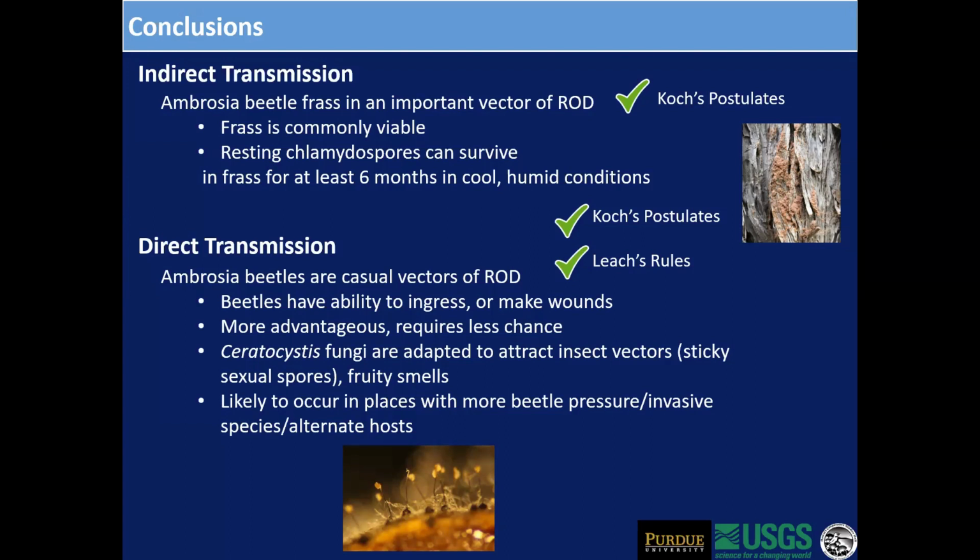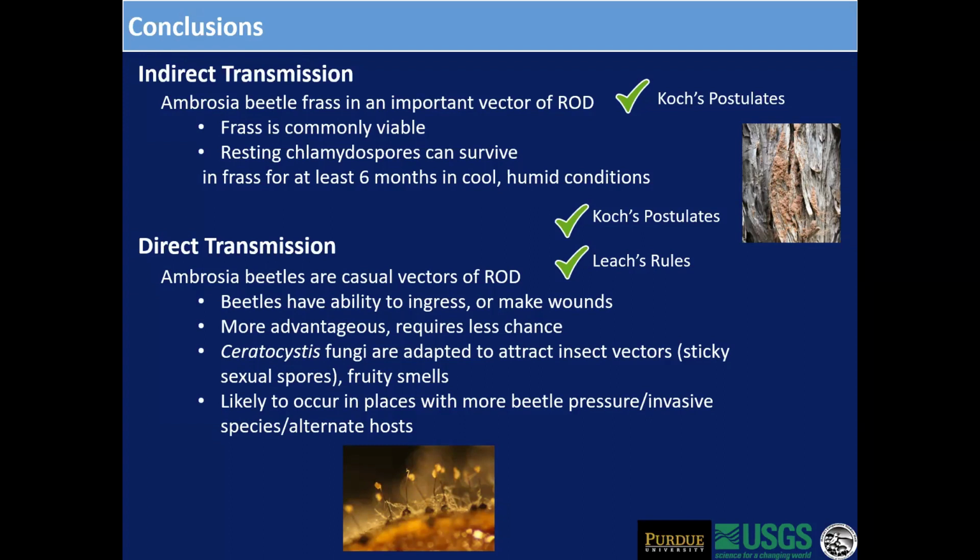And if we think about the biology of things, beetles have the ability to actually ingress or make wounds into the trees, which is required for Ceratocystis to spread, which may be more advantageous and require less chance than wind dispersal.